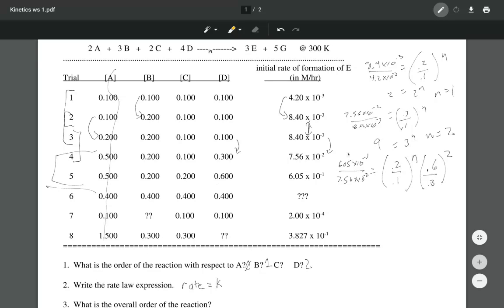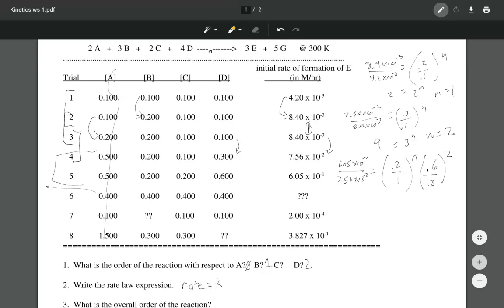Because essentially what this formula is doing when we're doing these calculations for order, we're essentially taking the entire rate law equation and dividing it by itself, except that the k's cancel and anything else that's the same cancels. So all we have left in our equation are rates and the thing we don't know. But we can use trials where multiple things change as long as we know the order of everything else.